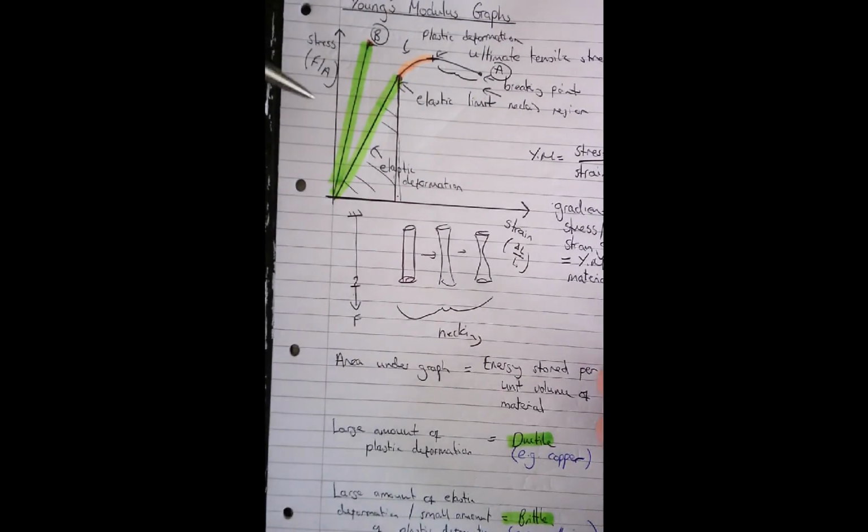In general, ductile materials are more useful in engineering than brittle materials, and that's why steel, or the development of steel, actually had such a large impact on the development of society, because it can be so much more useful than cast iron in terms of making stuff.